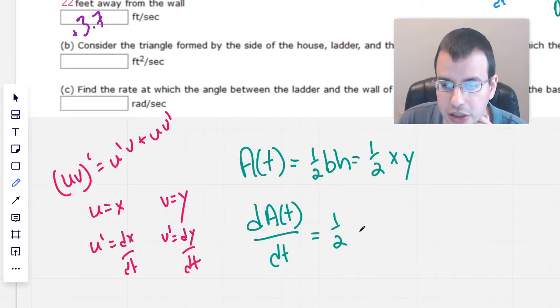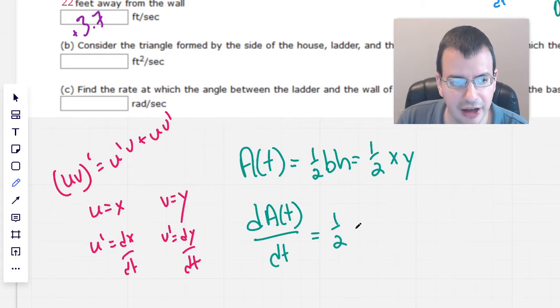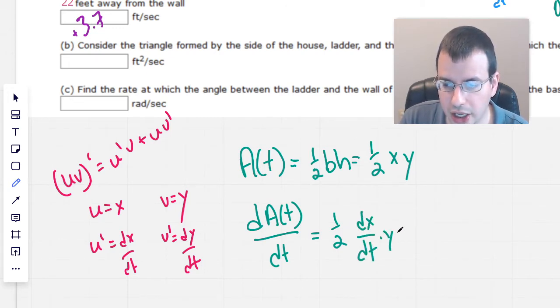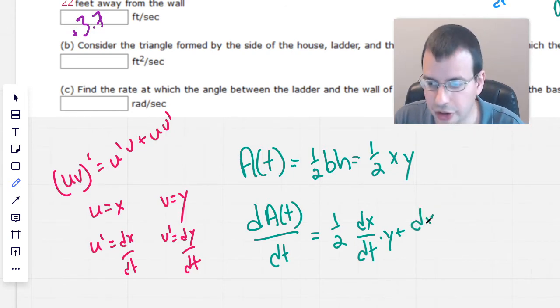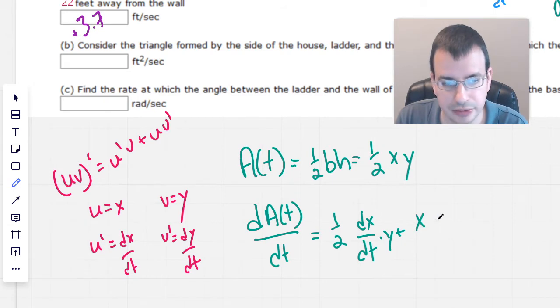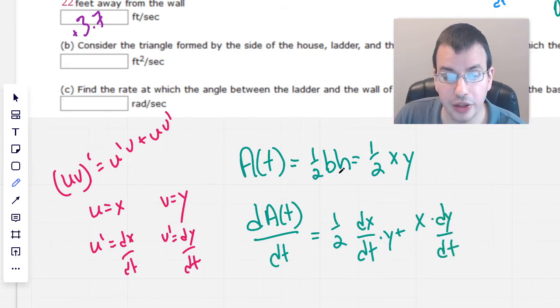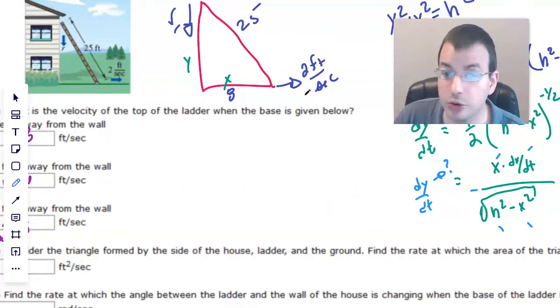Go to the green. So we have u prime, so we'll have dx/dt times y plus x times dy/dt. Okay? We know that dx/dt is how fast it's moving outward.